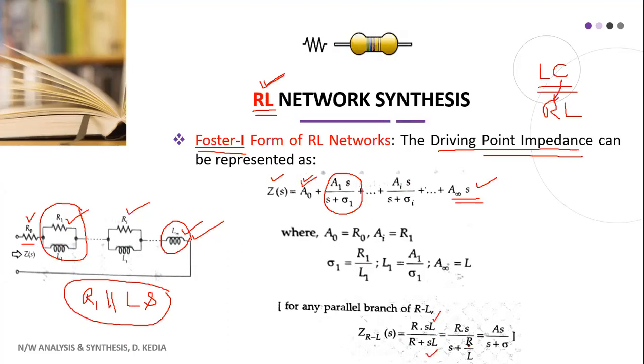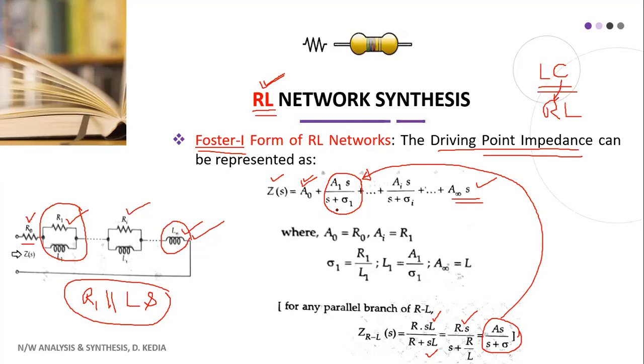If you further represent it in the expression equivalent to partial fraction, we have rewritten it like this. We divided by L in numerator and denominator, we get this, and then we represent this. So you see, this is nothing but this one. Your intermediate elements of this RL network have been represented with A1S by S plus sigma 1.